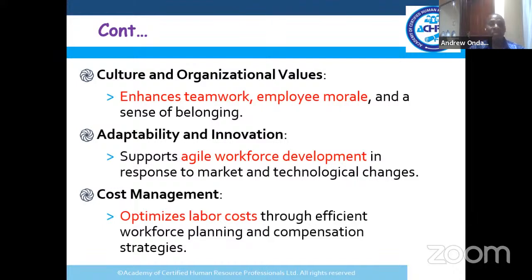By specialists, I mean that there are some of us who have experience and knowledge and skills in employee relations only. Others are specialized in training. Others are specialized in compensation. So because of these specializations, our trainings are likely to be individualized.